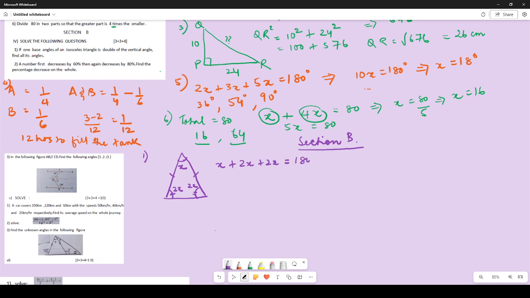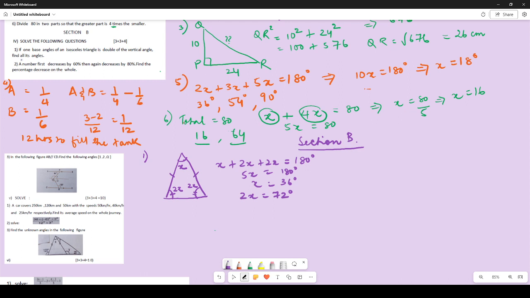Yes, 180 degrees, because the sum of all angles of a triangle is 180 degrees. So 5x is equal to 180 degrees, and this tells us x is equal to 36 degrees. 180 divided by 5, 36 degrees. So the vertical angle is 36 degrees and the base angles will be 72 degrees.